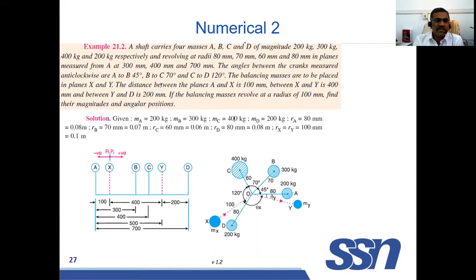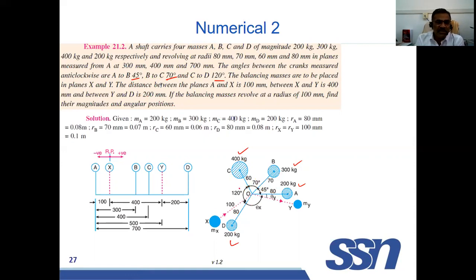Mass A is 200 kg, B is 300 kg, C is 400 kg, and D is 200 kg. And the positions: between A and B 45 degree, between B and C 70 degree, between C and D 120 degree.